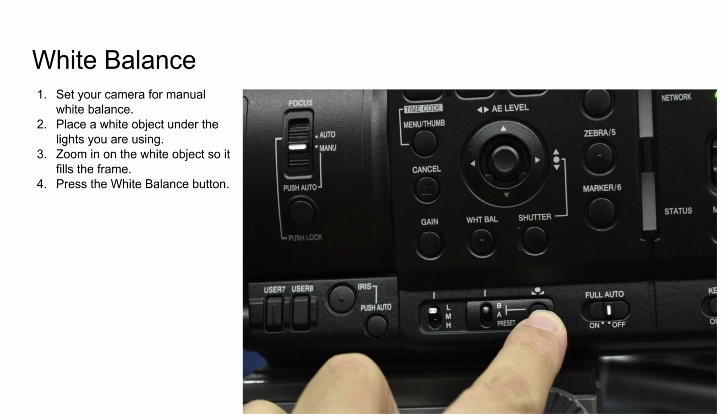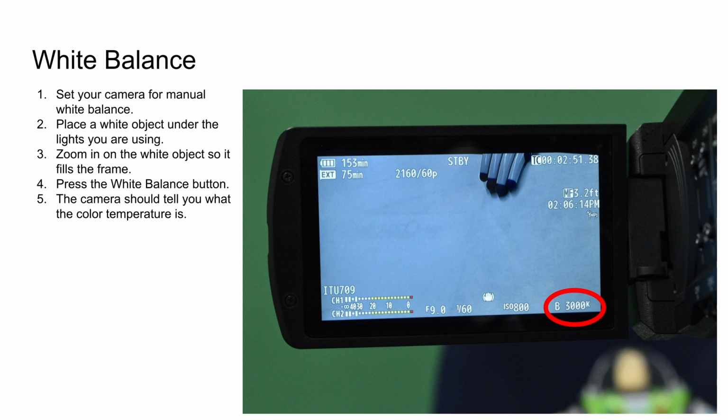The next step is, while you've got the camera pointed at that white object, press the button that says, "Take the white balance now." The camera should give you a little message that says something like automatic white okay, or white balance okay, or whatever, and it'll give you a number. Now you can see that I've taken a picture of the viewfinder here, and I've circled the display.